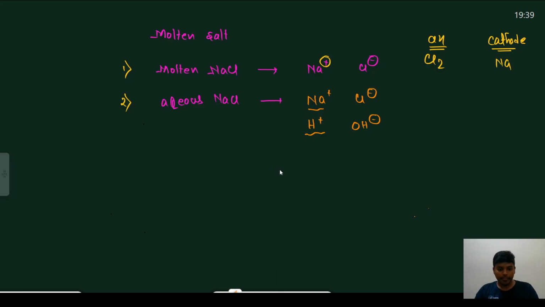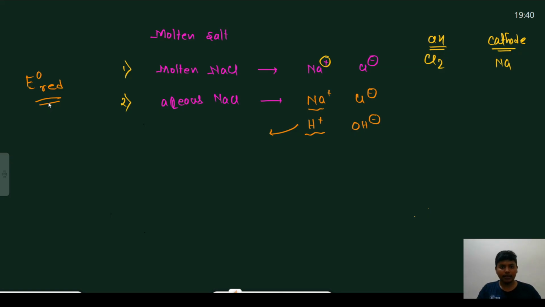Chemical bonding you learned that H plus is small. Hydrogen is smaller than sodium, so who will go fast towards the electrode? Obviously H plus. Or else, don't remember it like smaller or else. Tell me who has the E naught reduction value more.